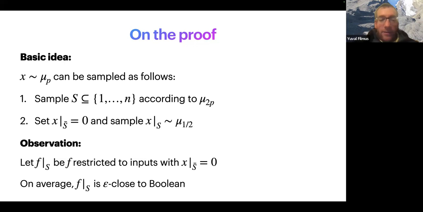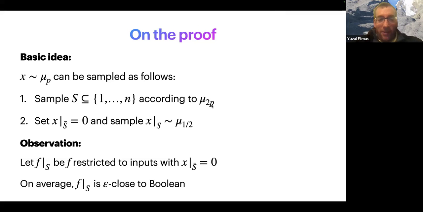Okay, so what does it mean? So denote by f restricted to S the function f when I restrict to inputs which are 0 outside of S. So this kind of sampling according to mu p implies that on average, this restriction is epsilon close to Boolean, where by on average, I mean when we sample S according to mu 2p.